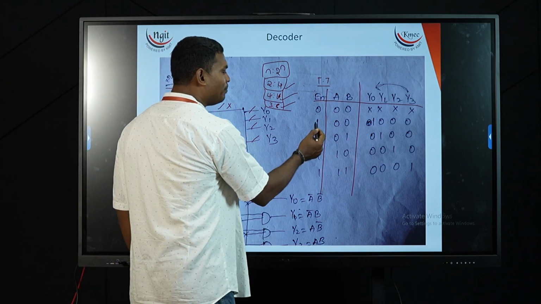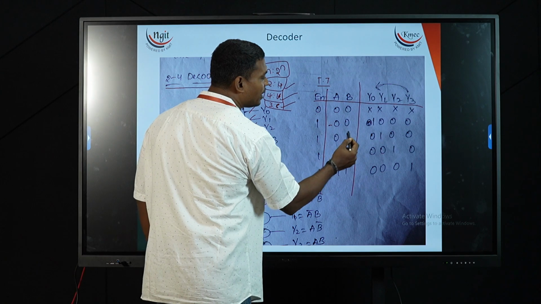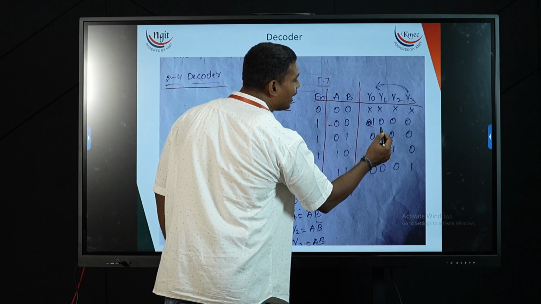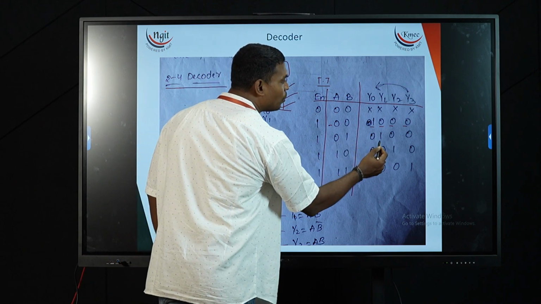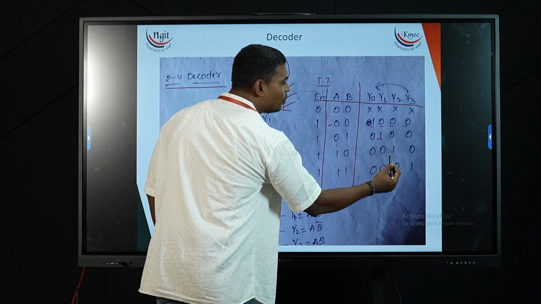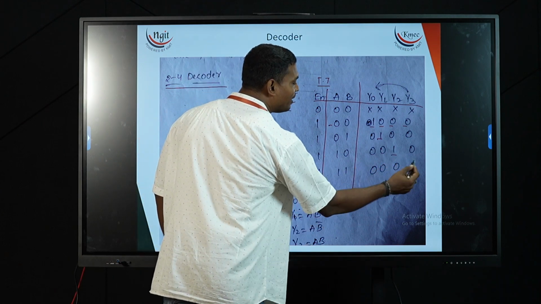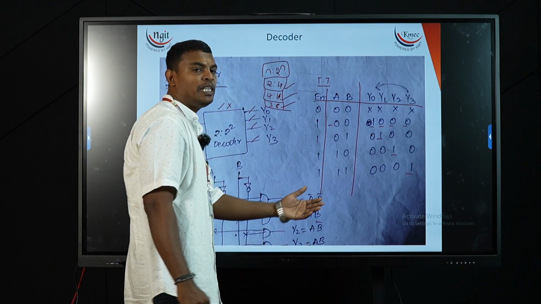Now what happens when I am keeping enable as high? Now 0, 0 combination I am keeping only Y0 to be high and remaining will be at low. For 0, 1 combination only Y1 will be high, remaining will be 0. For 1, 0 combination only Y2 will be high, remaining will be 0. For 1, 1 combination only Y3 will be high, remaining will be low.